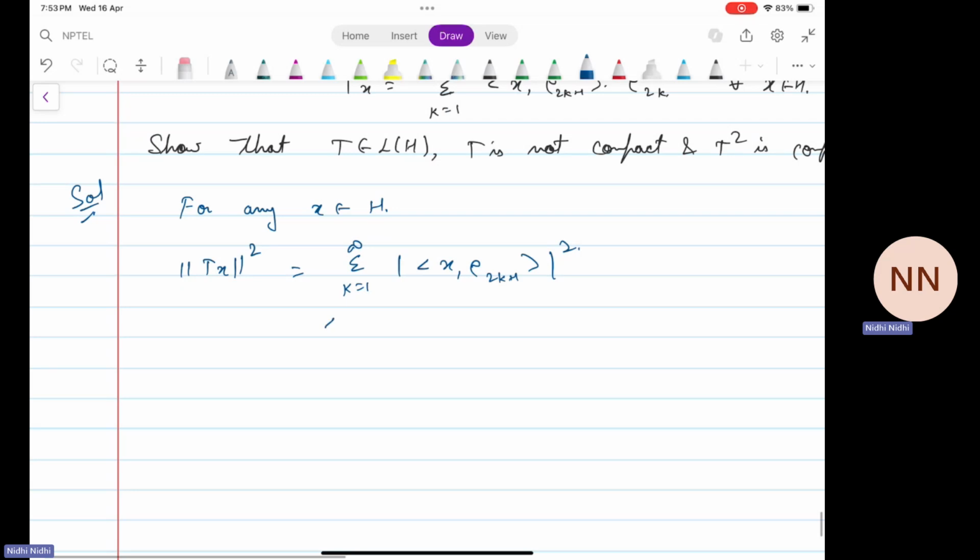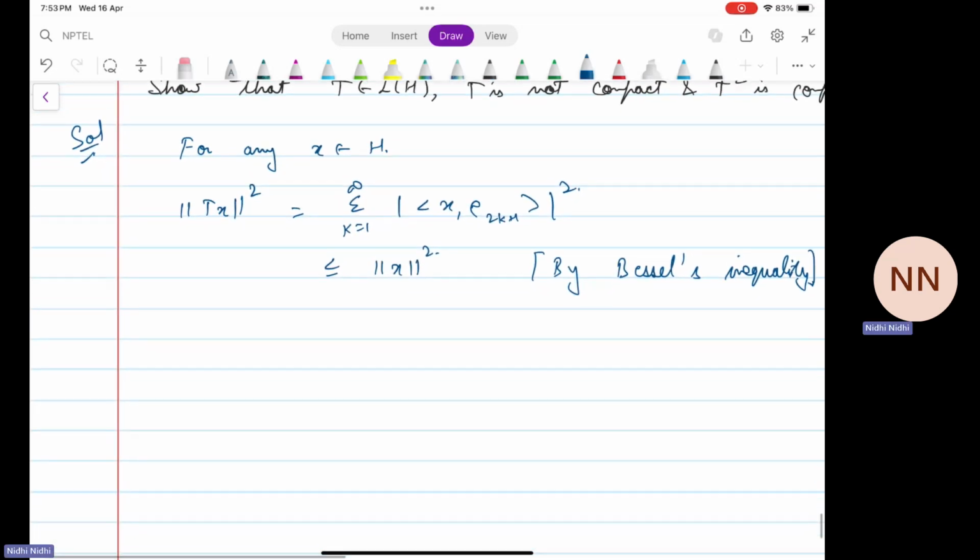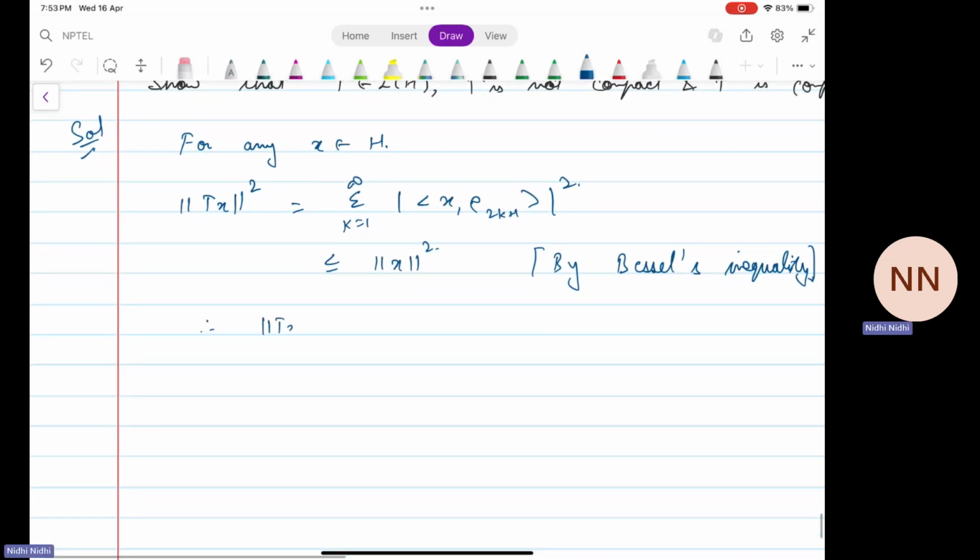Now this is less than or equal to norm x square, by Bessel's inequality, because the sequence e_{2k+1} is also an orthonormal sequence. Therefore, norm Tx is less than or equal to norm x, and hence T belongs to L(H).